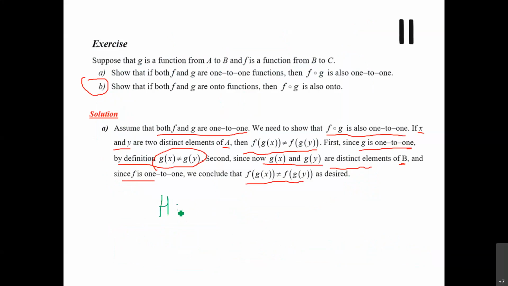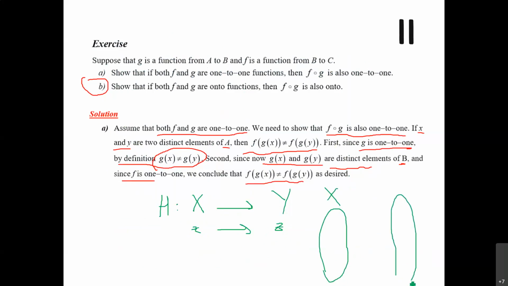So a mapping H from the set X, big X, to the set Y. If H is surjective, then that means for any element z in Y, it's going to have an element in X. So again, this is my X, this is my Y. Any element in my image set Y is going to have a pre-image.